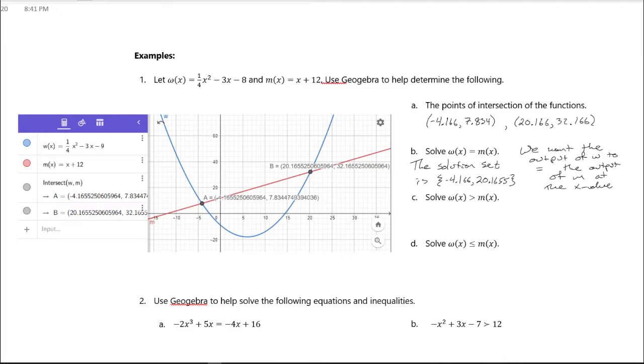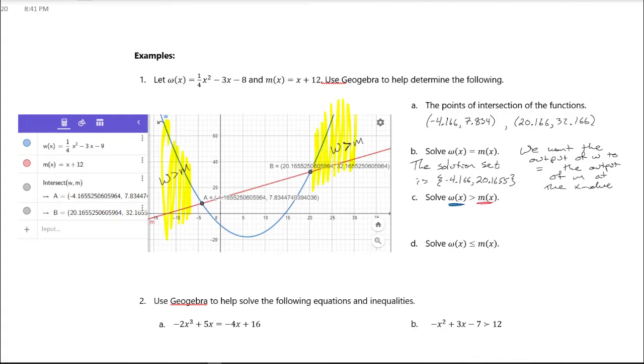The next question says to solve w of x is greater than m of x. So w of x is the parabola, that's the blue line, and m of x is the red line. So we want the blue line to be above the red line. So we see that out here, to the left of the first intersection point and to the right of the second intersection point, w is above m in these two sections.